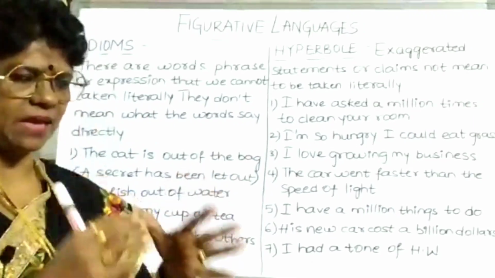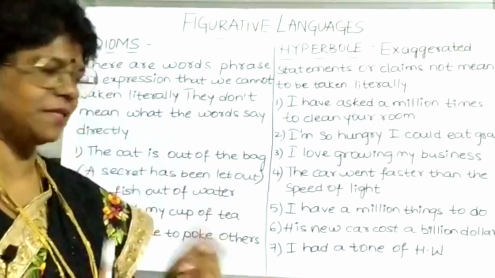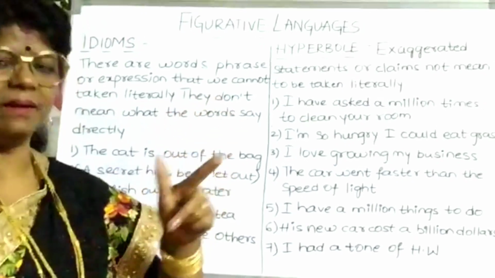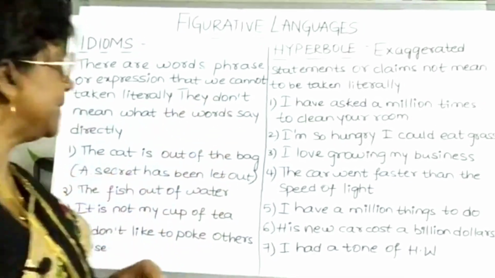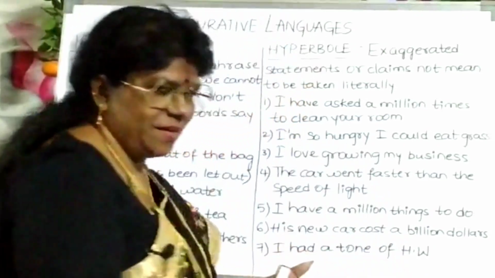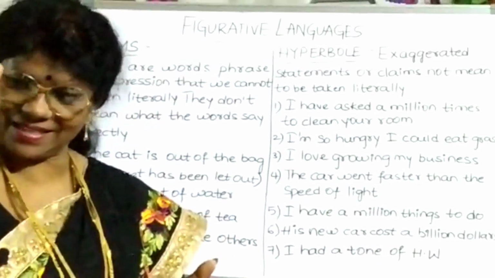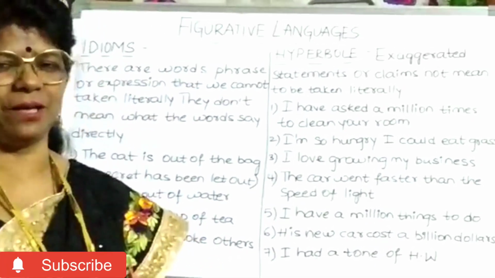It means I asked many times, and at last I am fed up. That comes under hyperbole. Next, I'm so hungry I could eat grass. If you get hungry, will you eat grass? It shows the extent you are talking about.